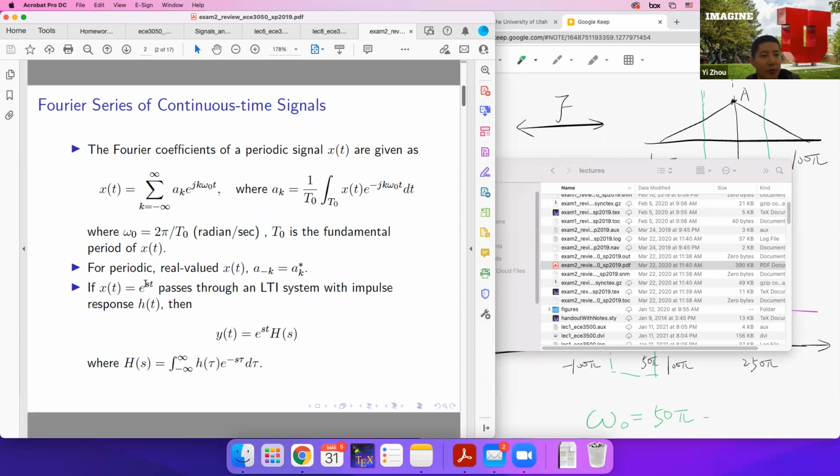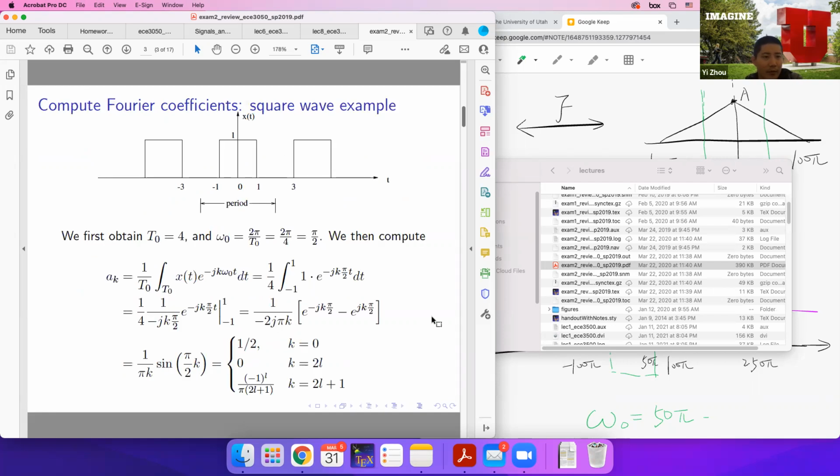So the response to such a signal is basically a scaled version of the input. And the scaling factor is called the frequency response. And it is given by this integration, so it is related to the system impulse response. And this is how you calculate the Fourier series coefficient.